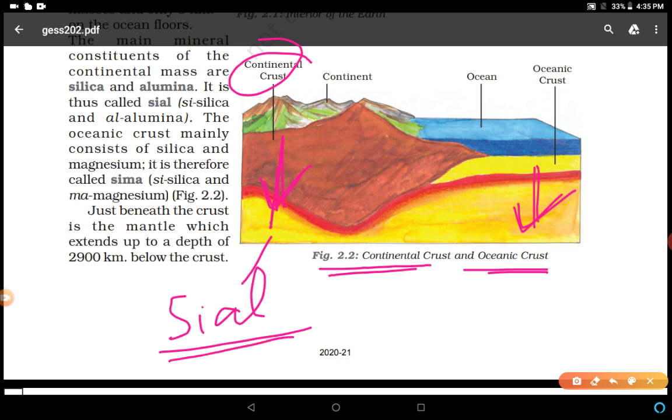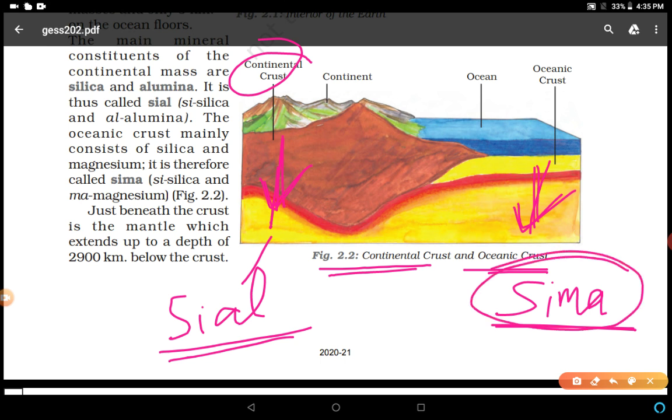The oceanic crust mainly consists of silica and magnesium, so it's known as Sima. So you are getting my point. The oceanic crust consists of Sima, silica and magnesium, and the continental crust of silica and alumina.